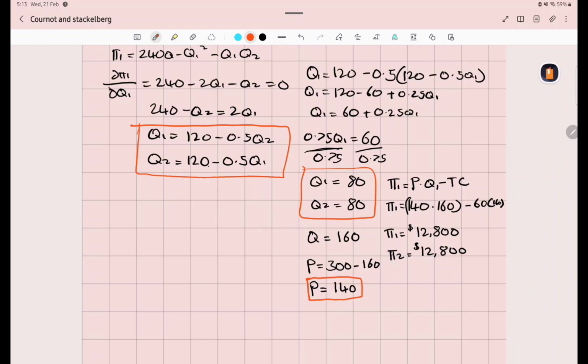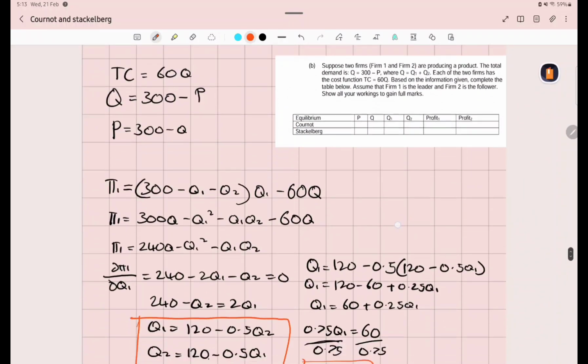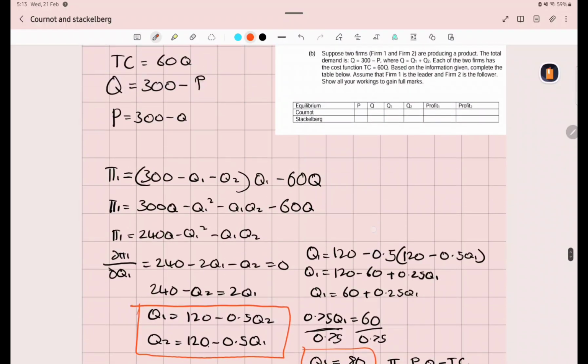So that is your Cournot. Filling this in, 140.